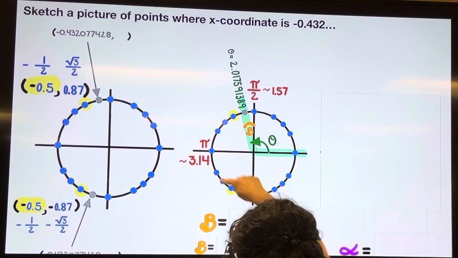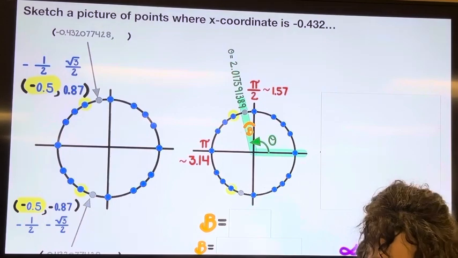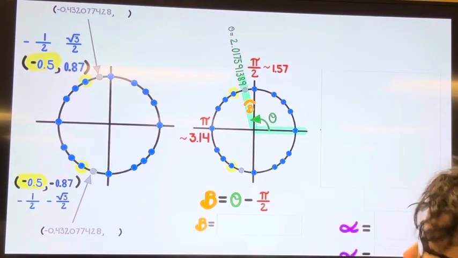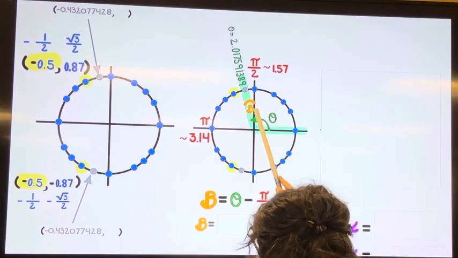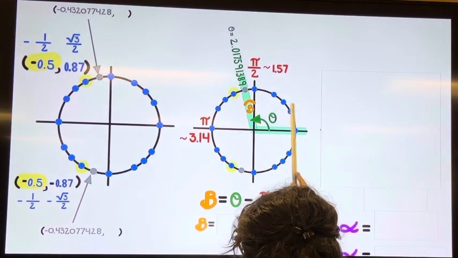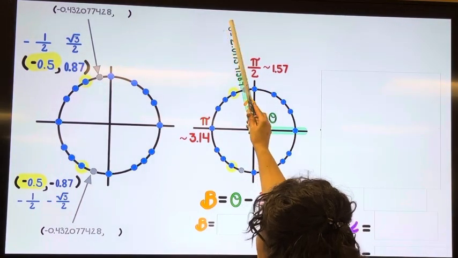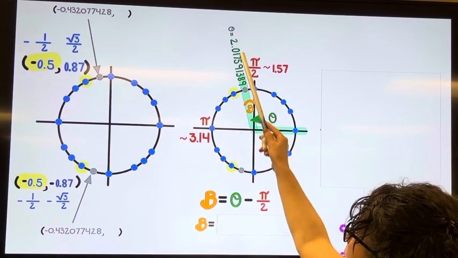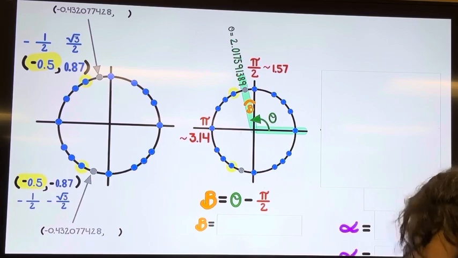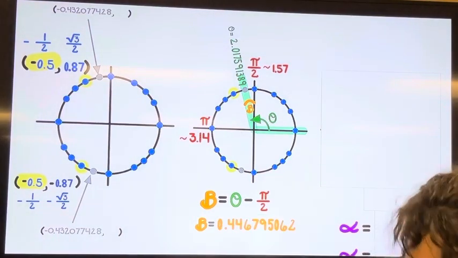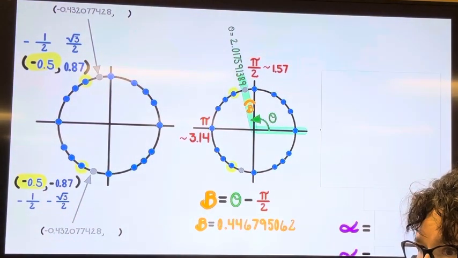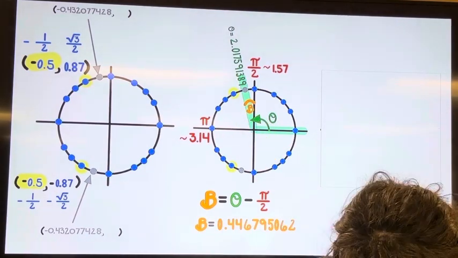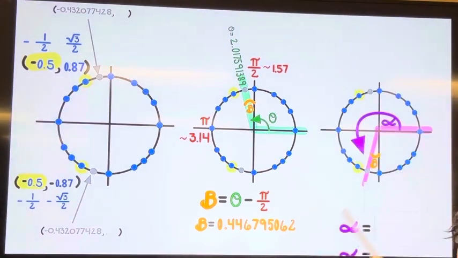So I'm going to say beta is theta minus pi over 2, and I grab my calculator and put in that hideous decimal minus pi over 2, and I end up getting this beast here.